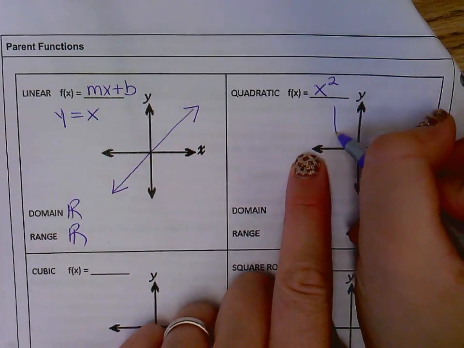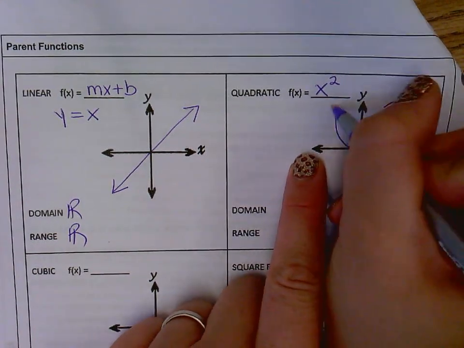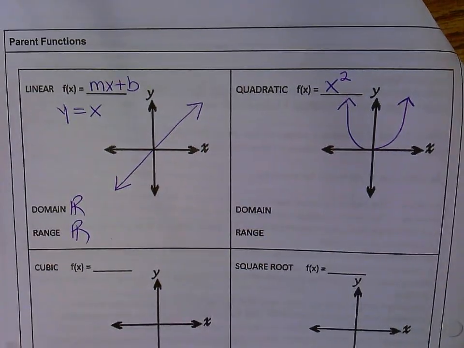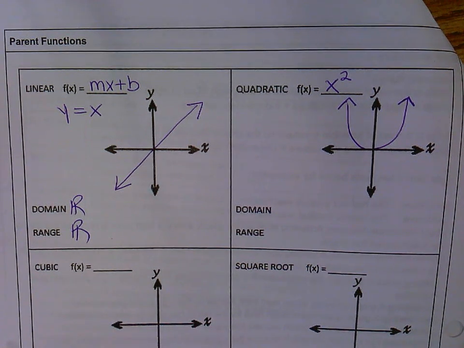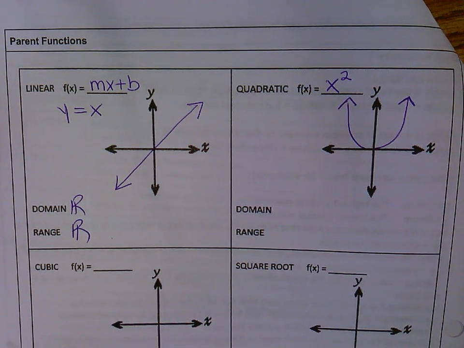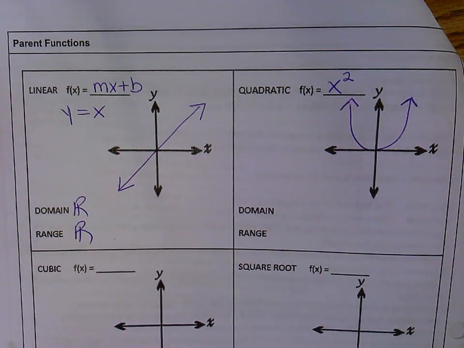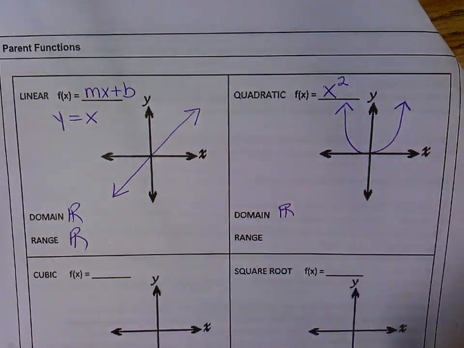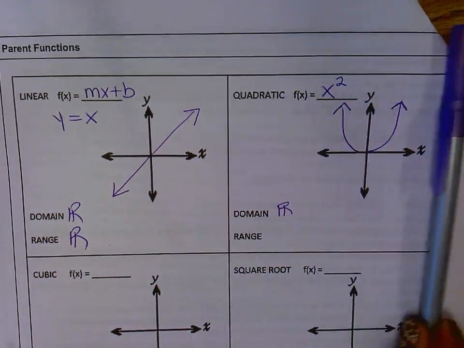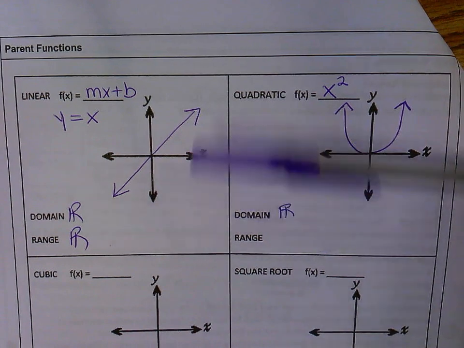So this is the parent function of the parabola. We're just going to put the upward facing one, but that one should be somewhat familiar to you. Like, oh yeah, I know that's a quadratic versus that's a linear function. Its domain and range: the domain is still all real numbers. I can open up the window from left to right, but what about up and down?